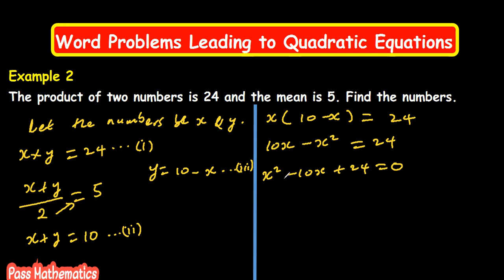When we factorize this, by factorization, we should have x minus 4, and then x minus 6 equal to 0. So those numbers are just 4 and 6. So we can see 4 times 6 is 24, and yes, you can check if you want to check.